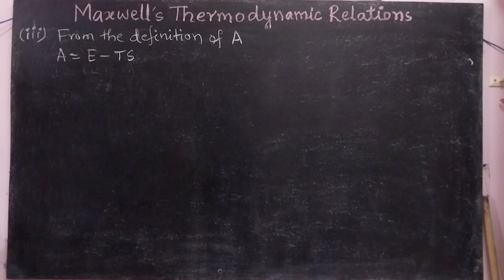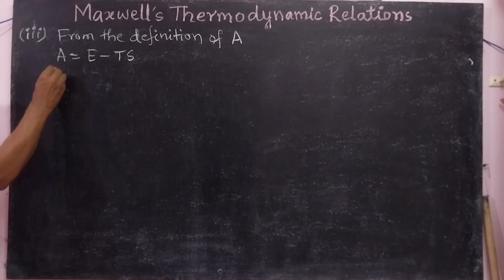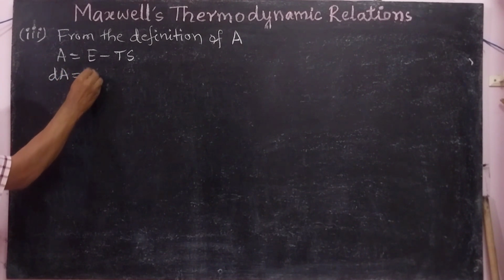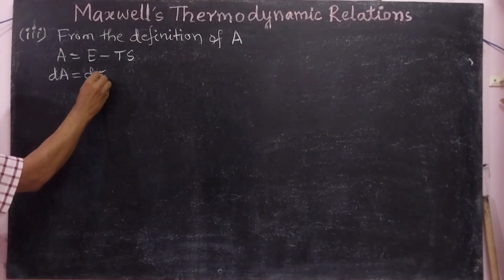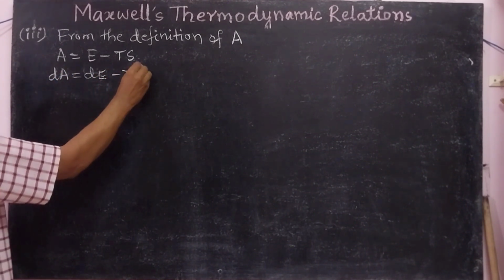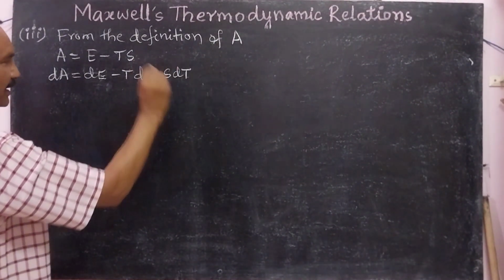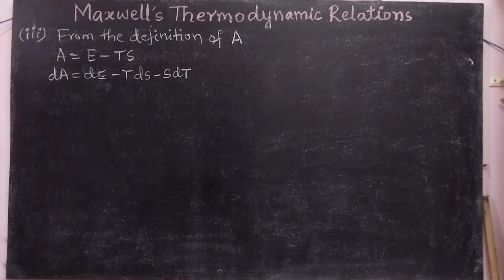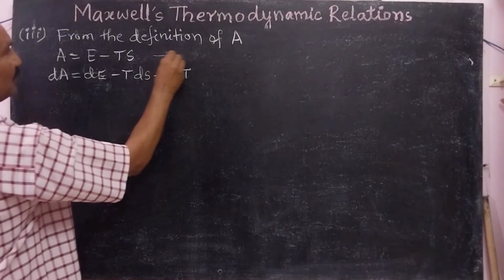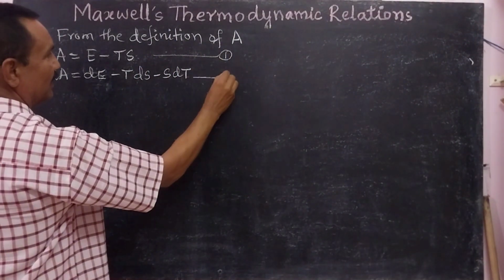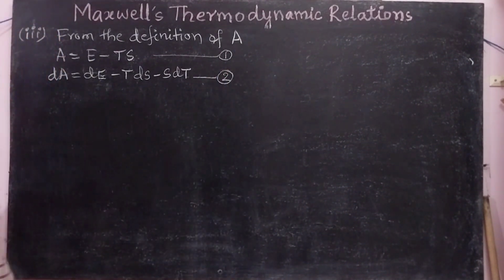On differentiation of this, we get dA equal to dE minus T dS minus S dT. So this is equation 1 and this is equation 2.